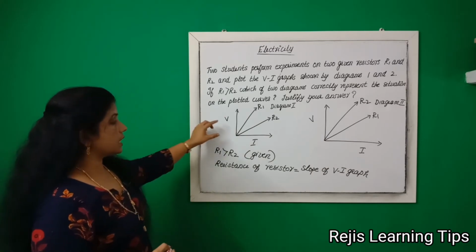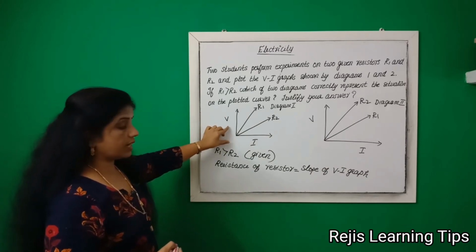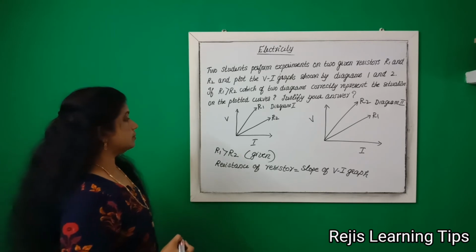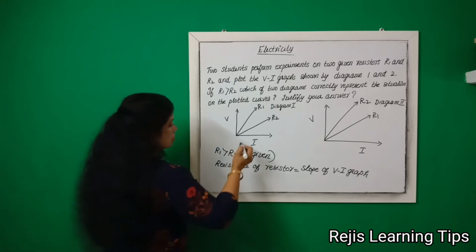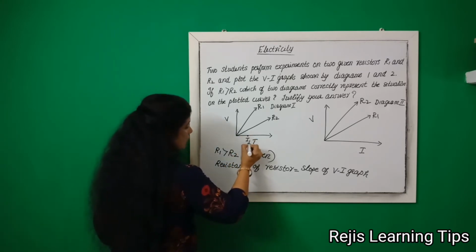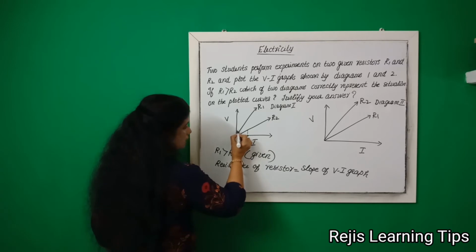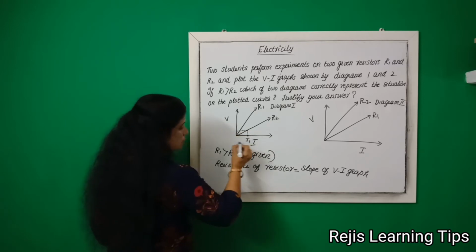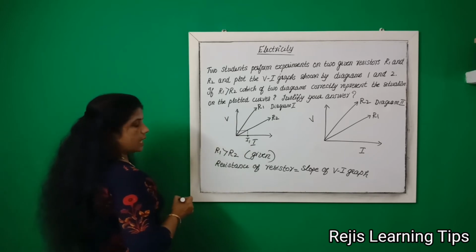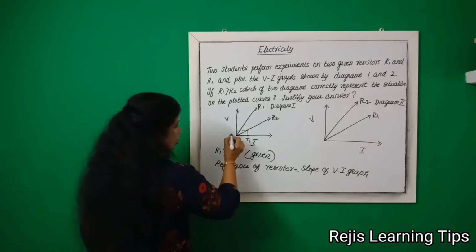How can we find the resistance from this given graph? Listen here: at I1, draw one dotted line, and then draw another line parallel to the x-axis.